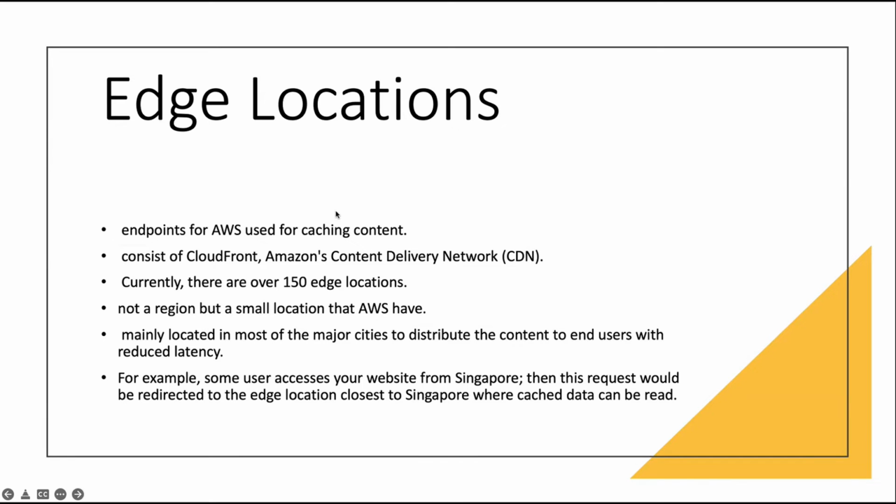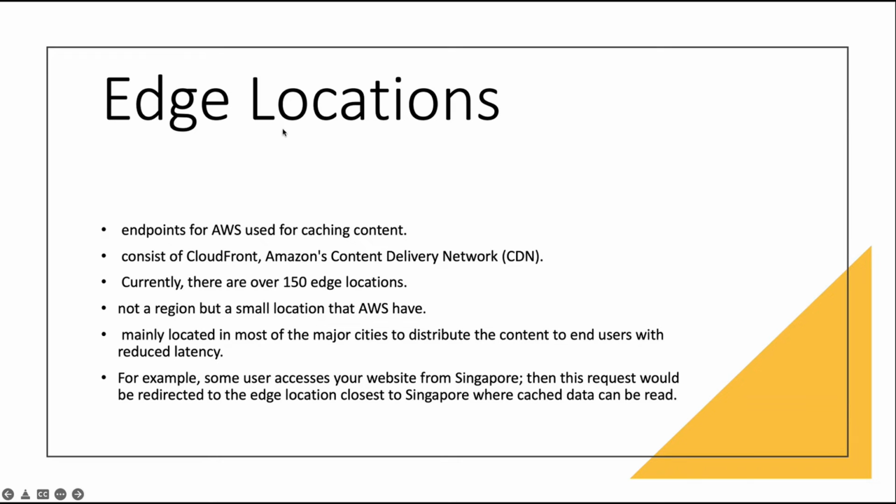Now comes, okay, what is an edge location? I told you data locality is important. I should be served from the nearest possible location. And that's where AWS came up with edge locations. These are endpoints for AWS used for caching content. Edge locations typically serve services like CloudFront, CDN, and others. As of January 2022, there were over 150 edge locations.